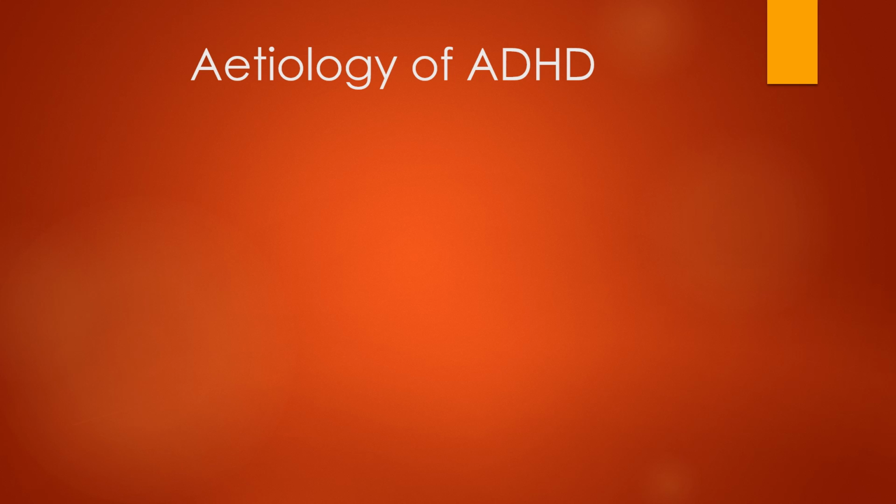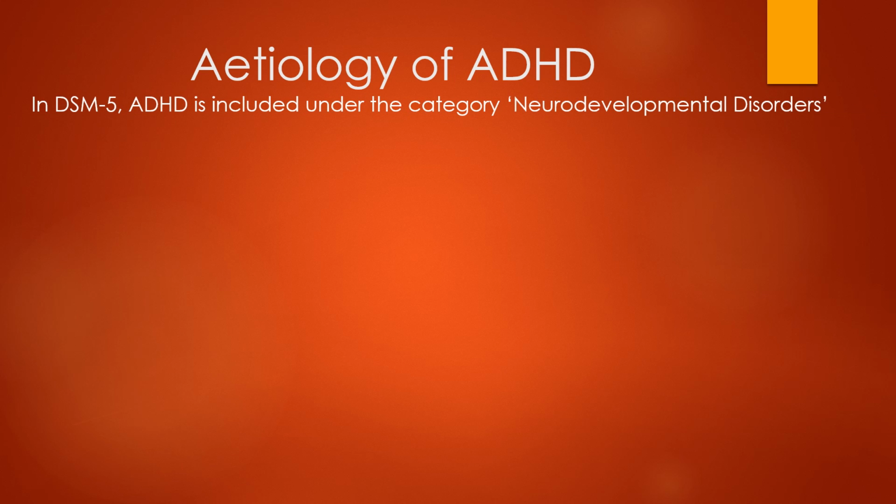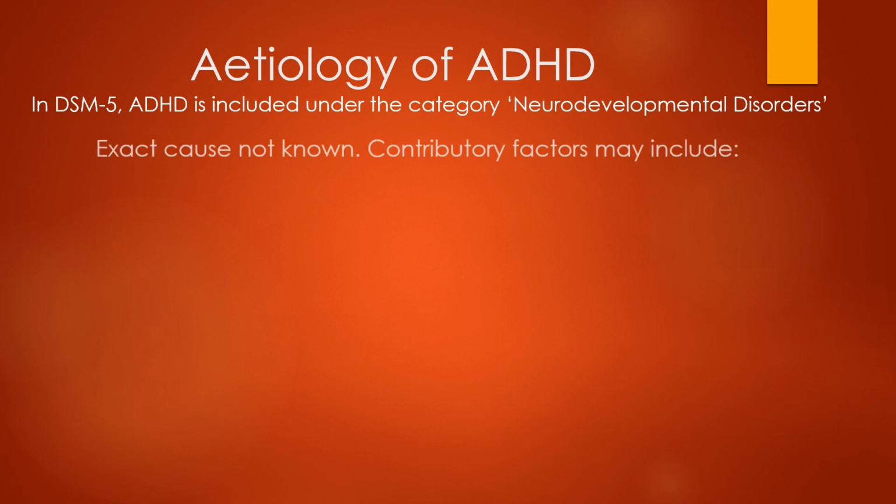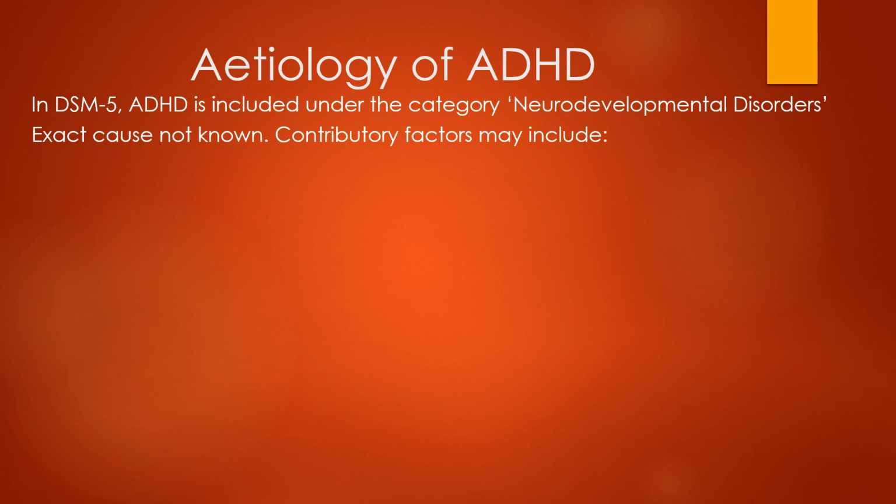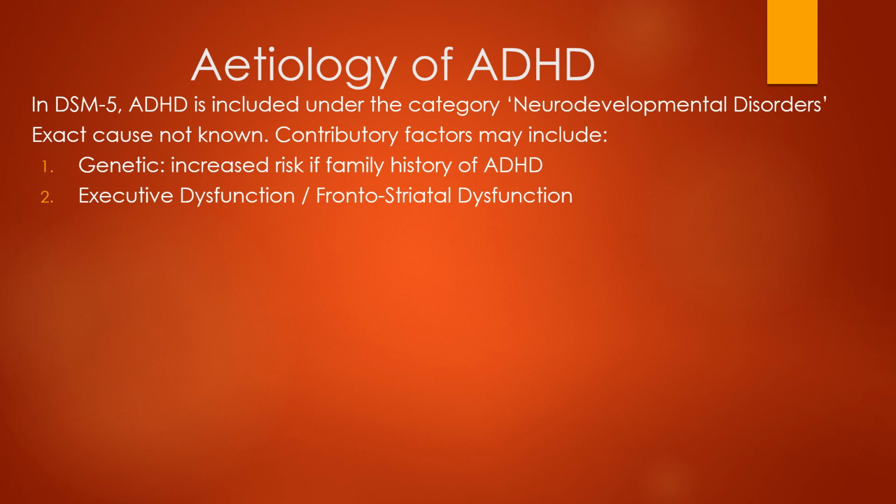We will now look at the etiology of ADHD. In DSM-5, ADHD is included under the category neurodevelopmental disorders. The exact cause of ADHD is not known, but contributory factors may include genetics, as there is an increased risk if family history of ADHD is there.